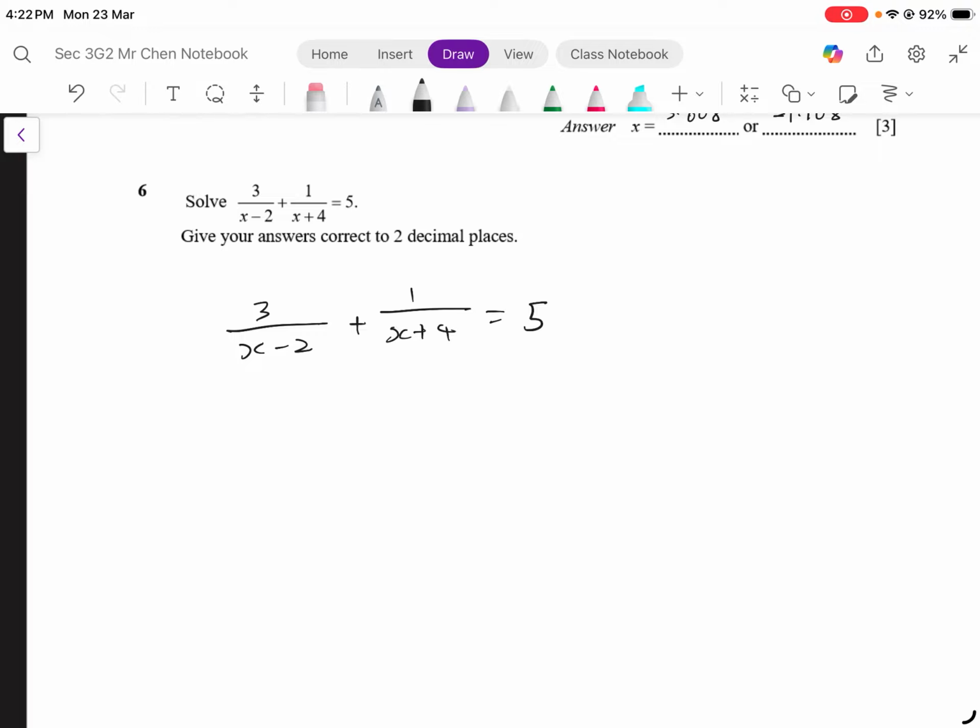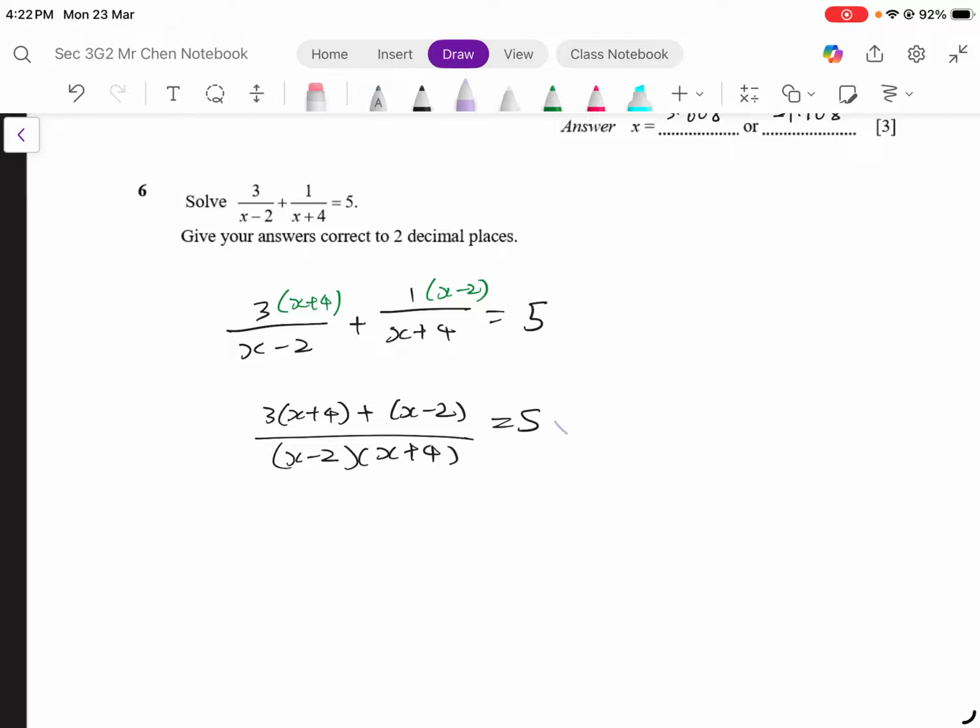So here multiply with x plus 4, here multiply x minus 2, so you should have a combined fraction of (3(x plus 4) plus (x minus 2)) over (x minus 2)(x plus 4) equals 5. Then multiply (x minus 2)(x plus 4) on both sides.